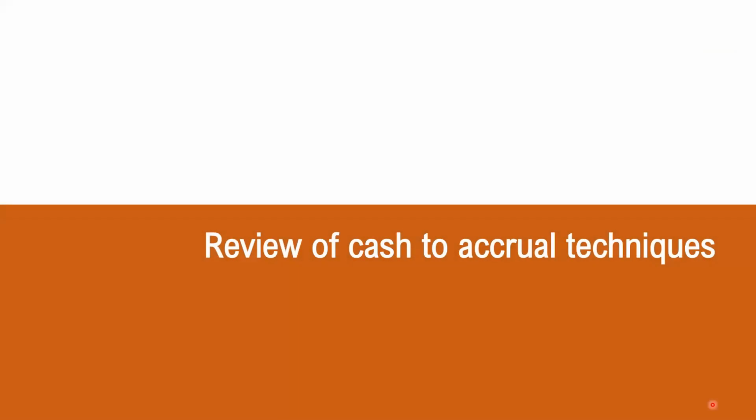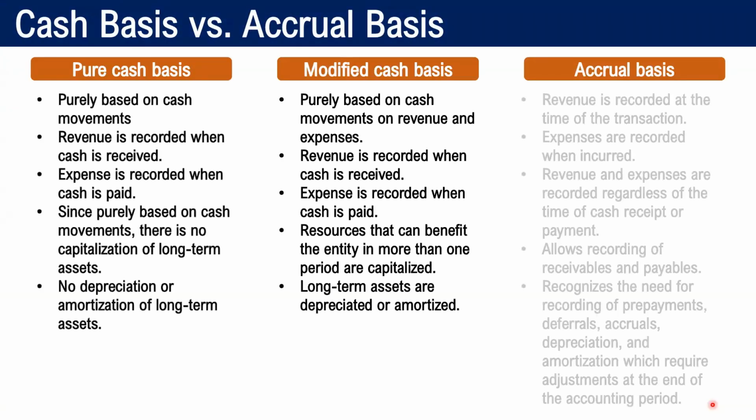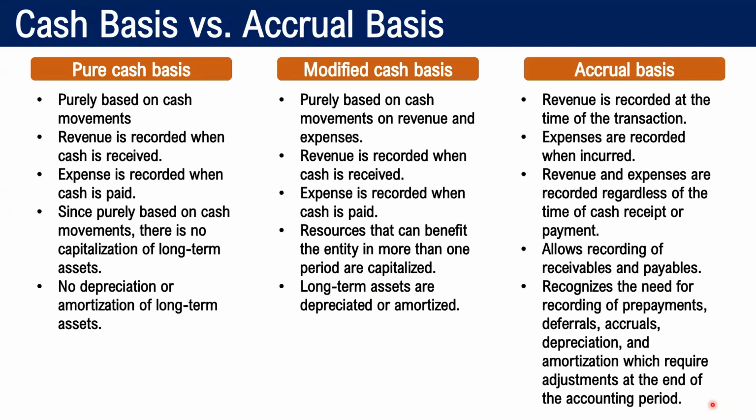Let's first start with our techniques in converting cash basis records to accrual basis records. Now, in cash basis to accrual basis of accounting, always remember the basic premise of the cash basis of accounting: we recognize revenue when it is collected and the company only recognizes expenses when the company pays cash. That's why it is called cash basis, because we only relate the transaction to its cash perspective.